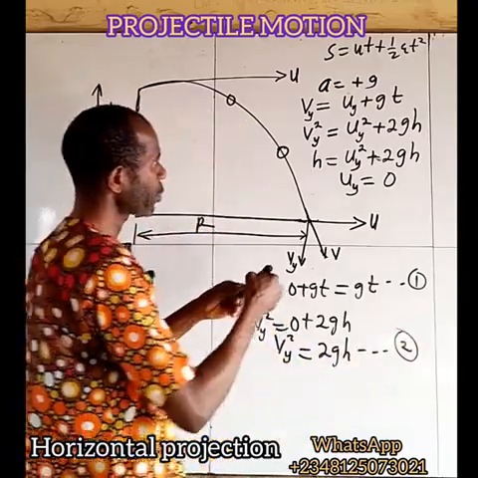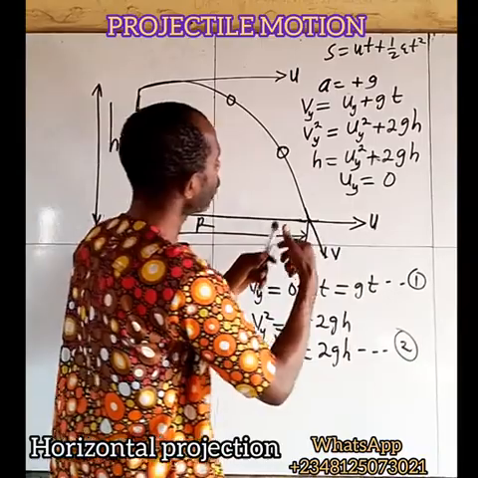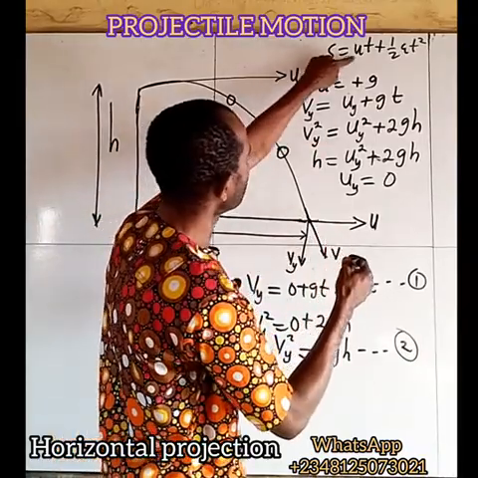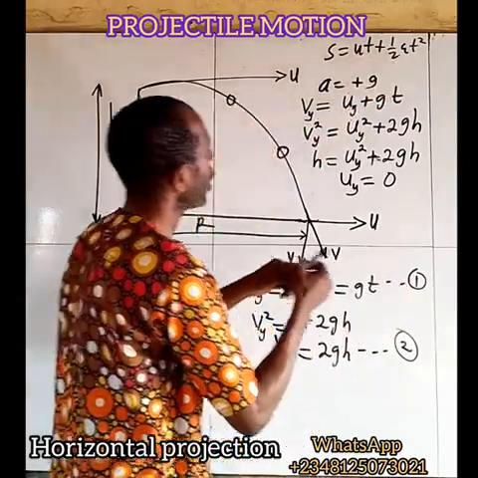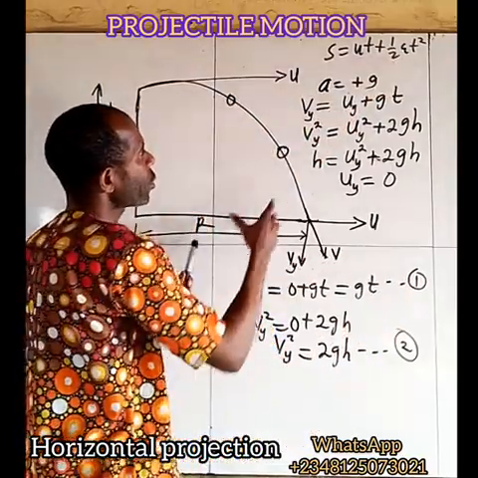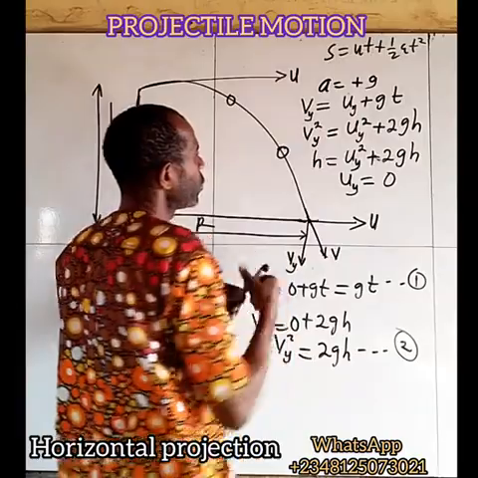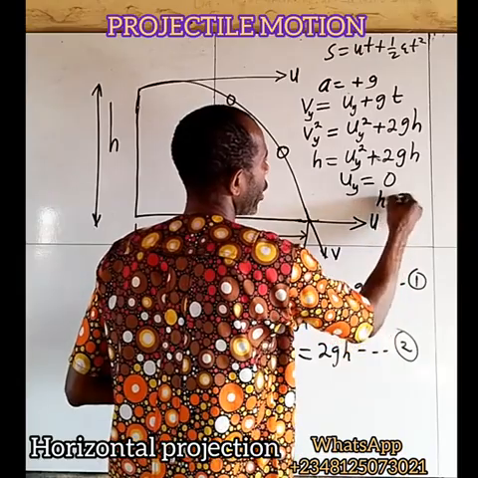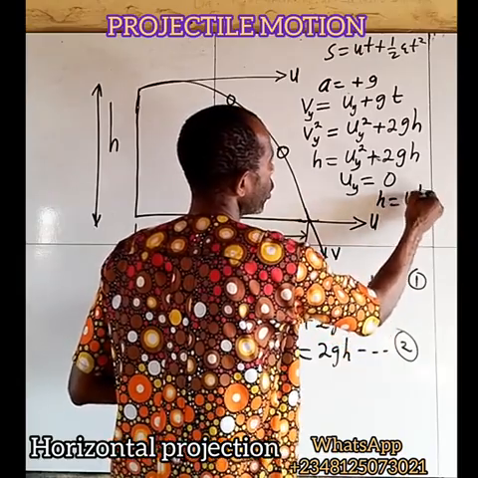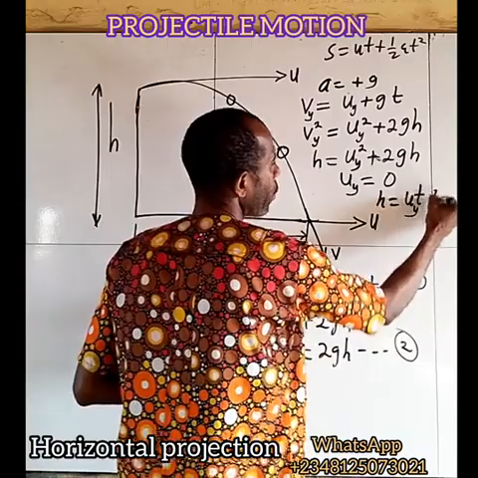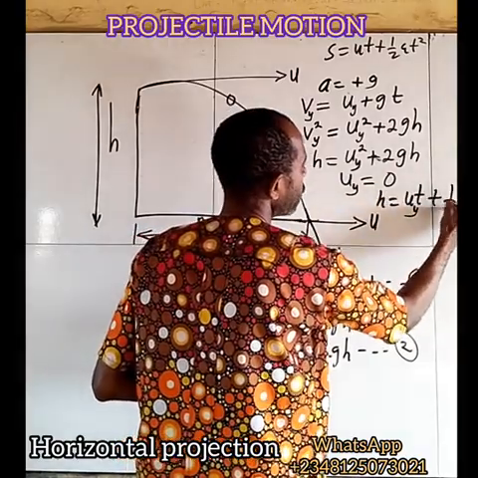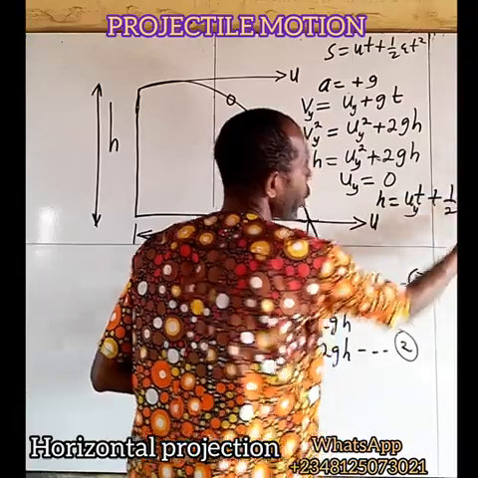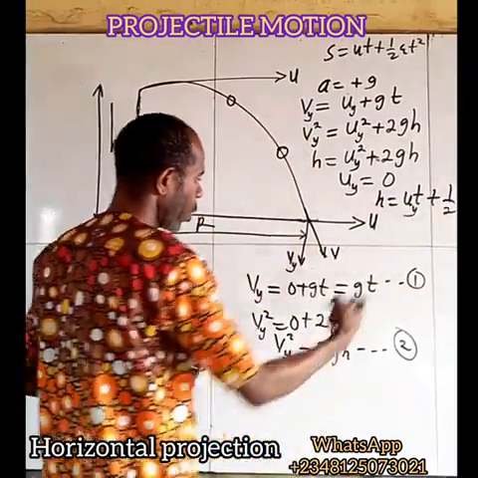Now also here, we have the other equation. Remember, this one is not replacing our g. Since the initial velocity is also 0, and s becomes h, we have h equal to the initial vertical velocity uy times t plus half gt squared.